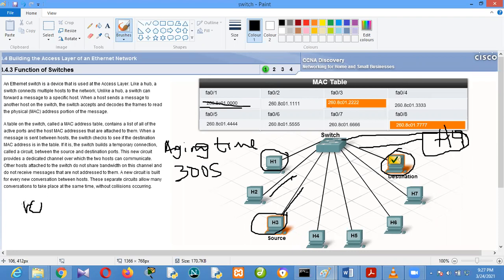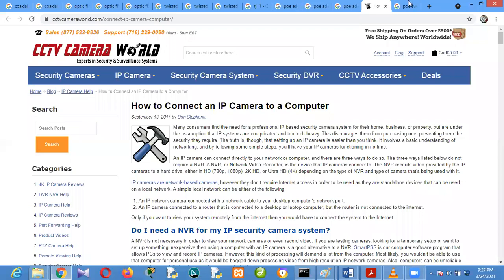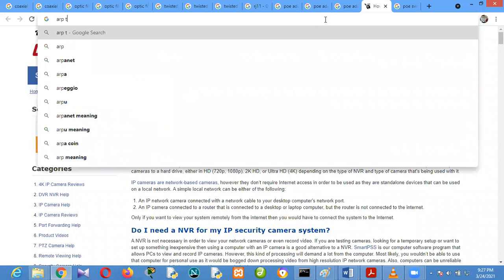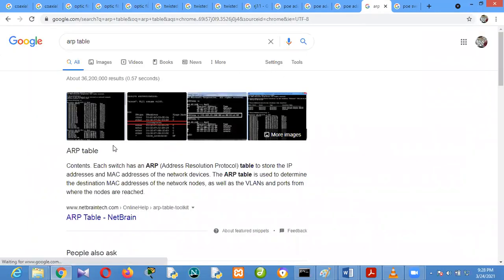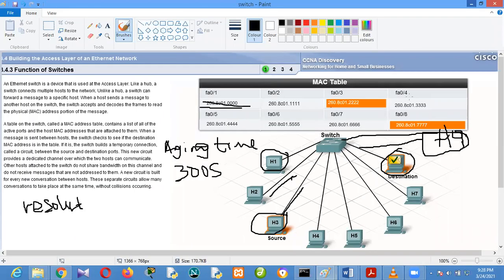Resolution is this. Or maybe just go to the internet, the internet will tell us more about that. So ARP means Address Resolution Protocol.